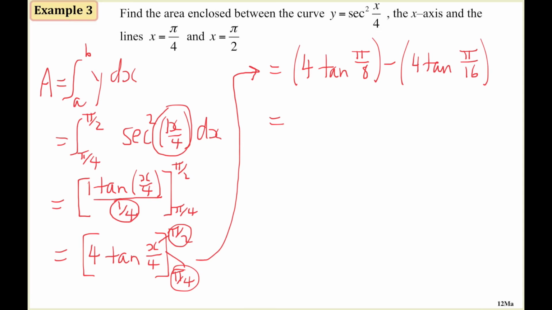This is where you use your calculator. So I turn my calculator on. First double check that I am in radians mode.